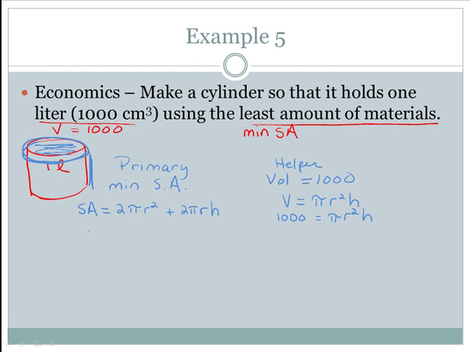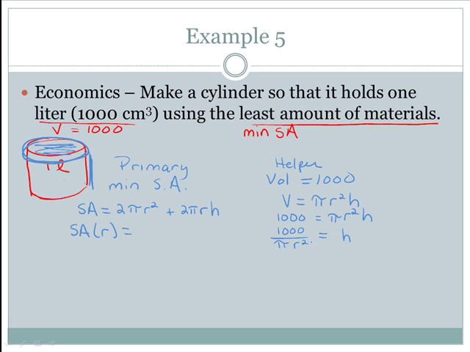Now, we're going to write our surface area in terms of r to get everything where there's only r's. Remember that pi is just a number, so you treat that like a coefficient. The reason I chose r, we could have chosen h, is because I did not want to take the square root to get r by itself.